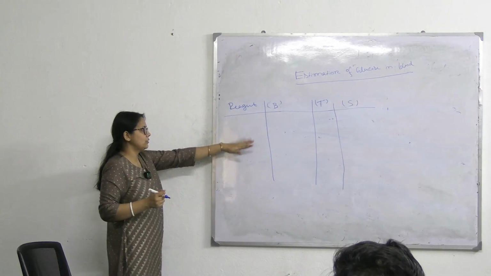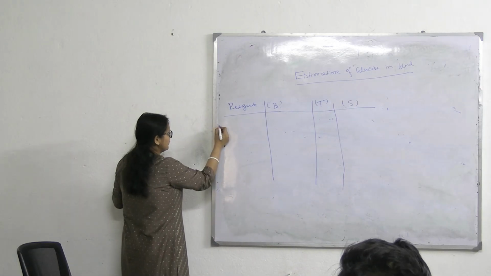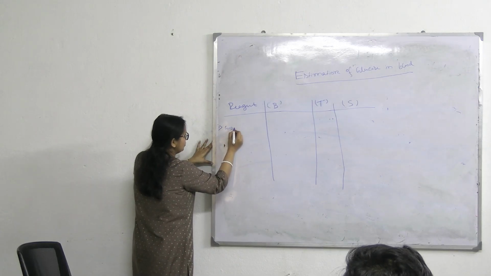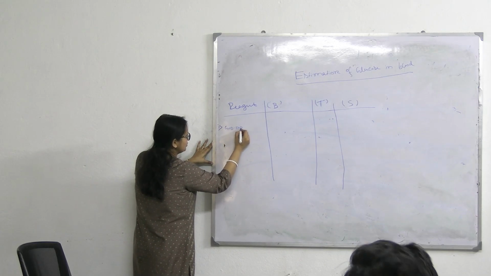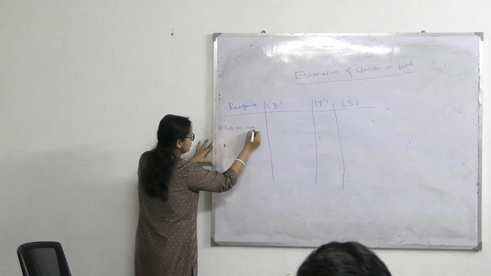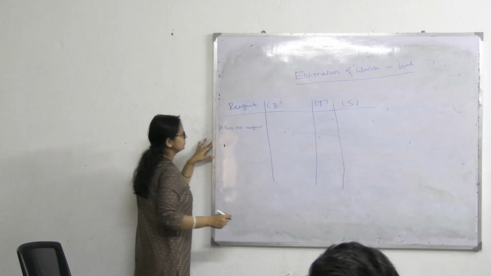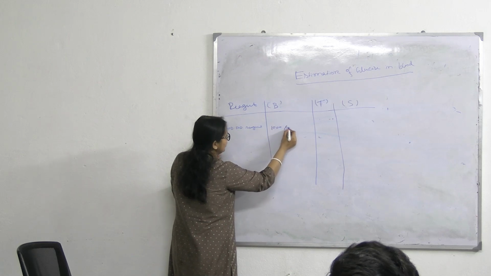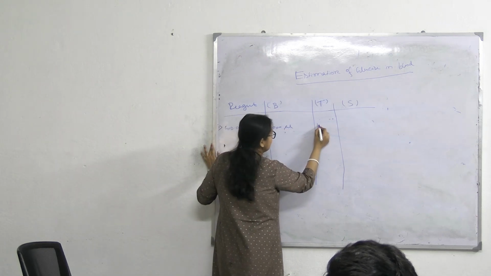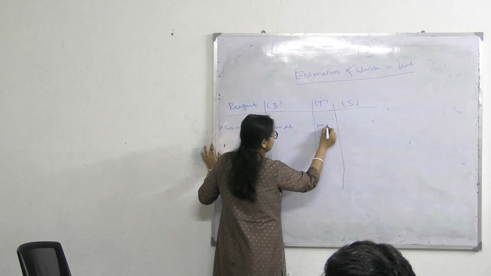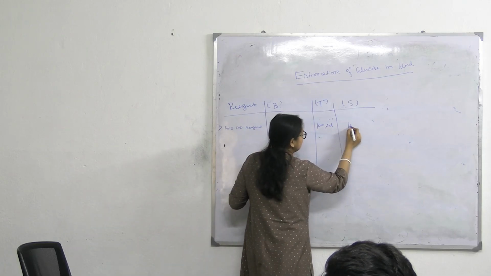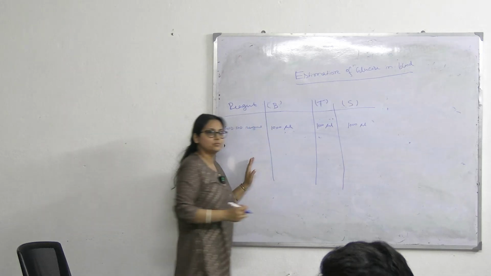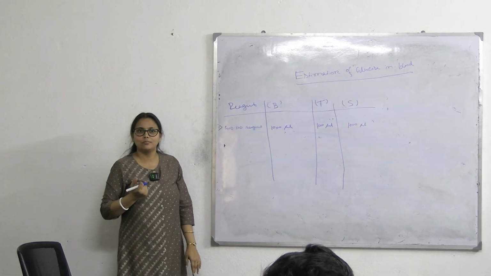Okay, you have to make a column like this. Number 1, glucose oxidase peroxidase reagent. You have to take 1000 microliter in each test tube. কি করে নিবি রিএজেন্ট, কিভাবে তুলবি, by using micropipette.